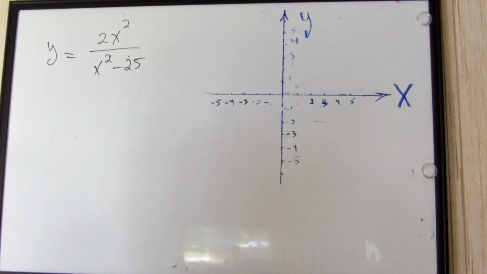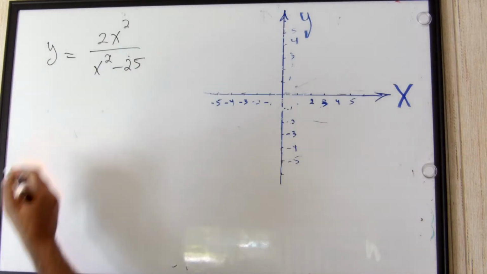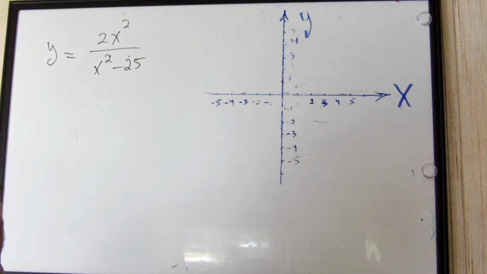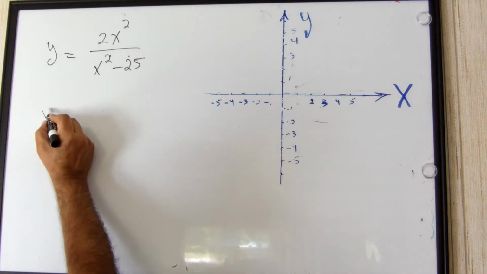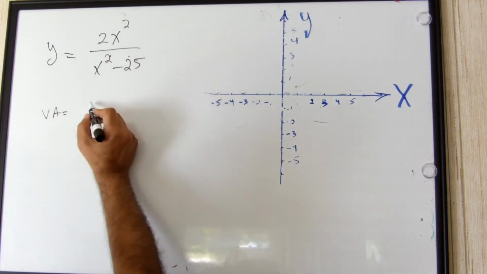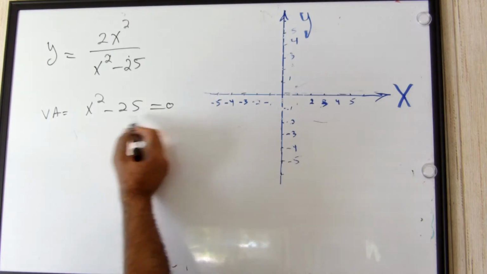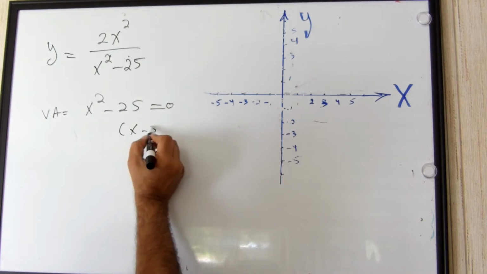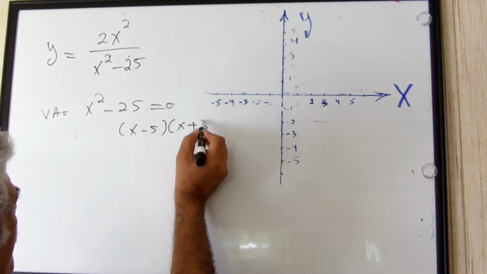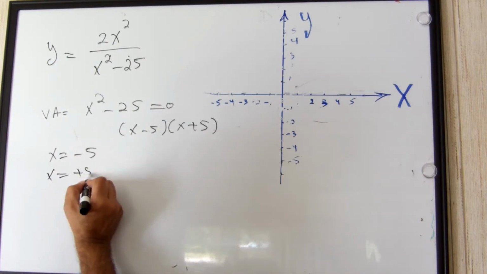The first thing you do is find the vertical and the horizontal asymptote. For the vertical asymptote, we set the denominator to 0. x squared minus 25 equals 0 gives x minus 5 times x plus 5, so x is going to be minus 5 or plus 5.